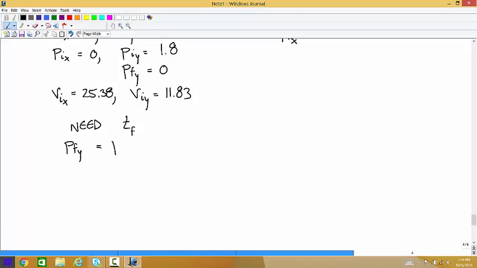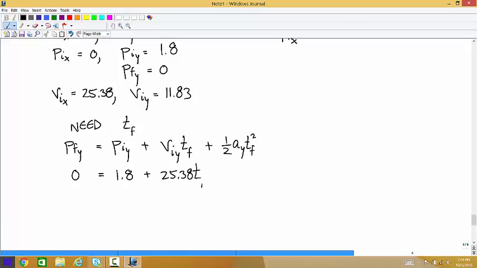PFY is equal to PIY plus VIY TF plus 1/2 AY TF squared. So 0 is equal to 1.8 plus 25.38 TF minus 4.905 TF squared. Okay, so how do we solve this equation for TF?